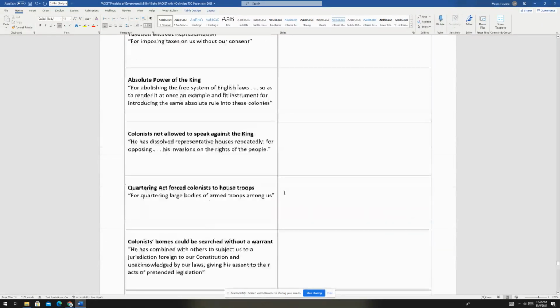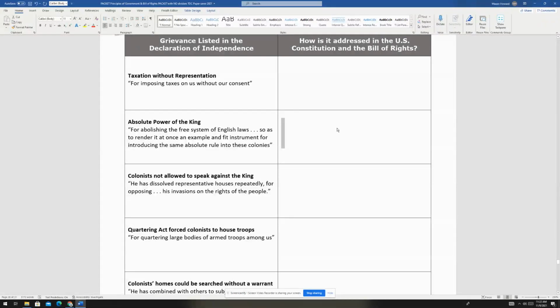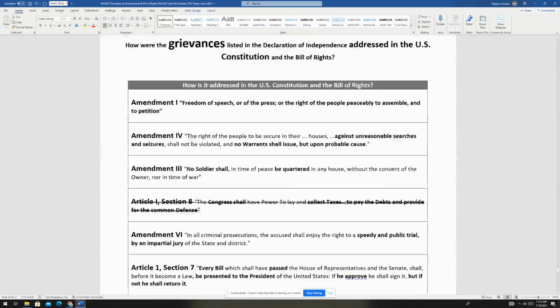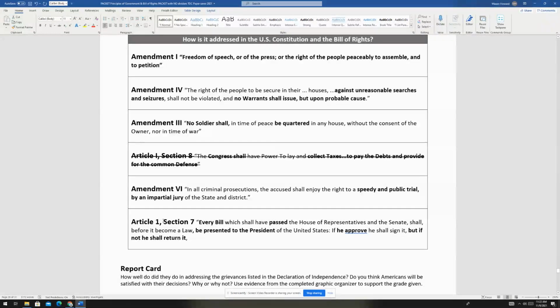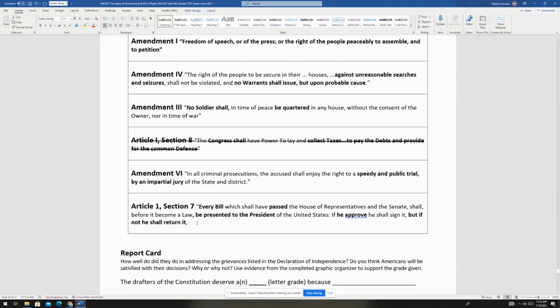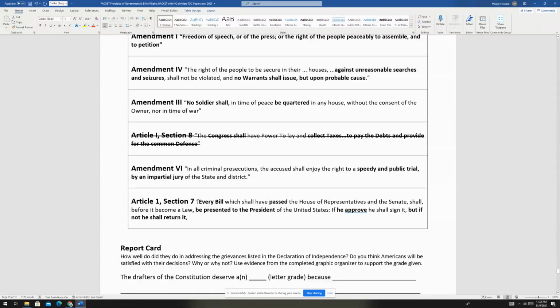So in this box right here, you are going to write what's right here in bold. Ready? I'm going to have it on the screen, but you're actually on page 27. You're going to put every bill passed, be presented to the president. He approves, but if not, he shall return it.